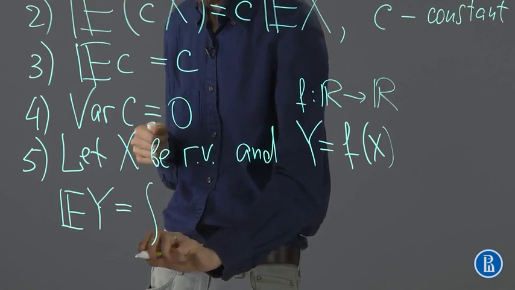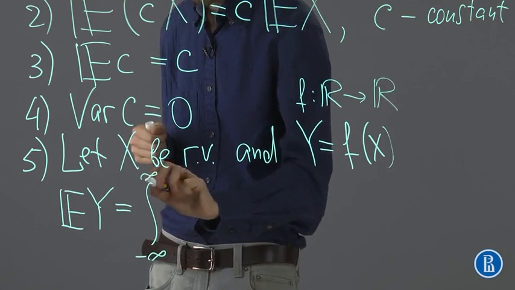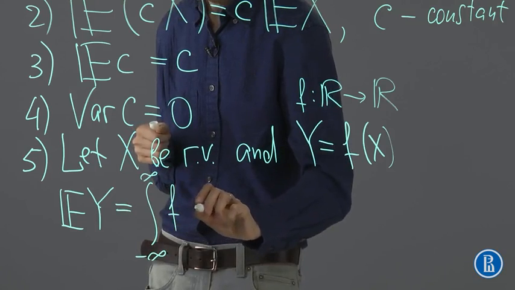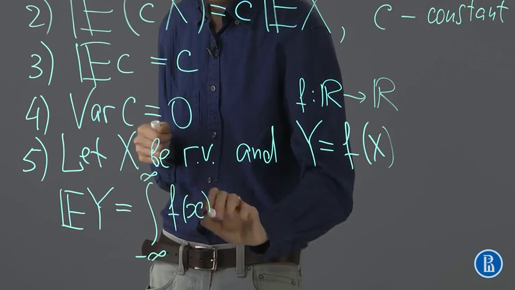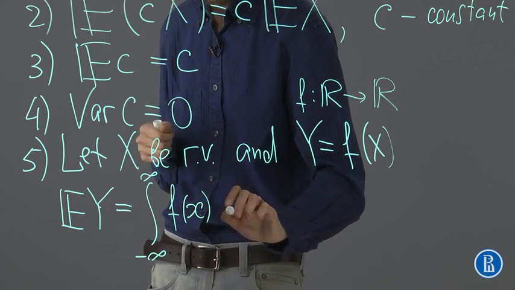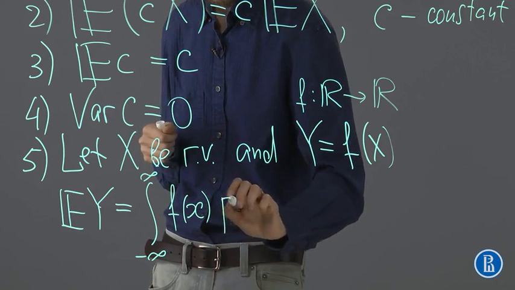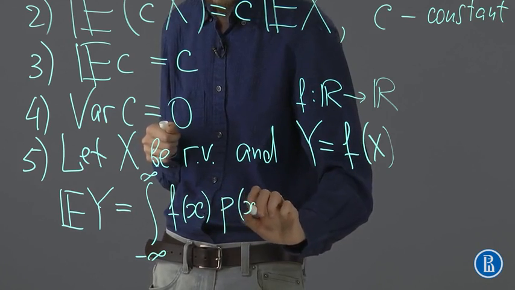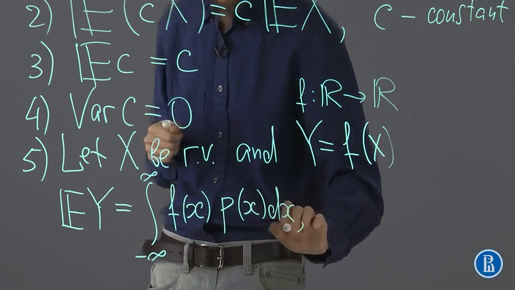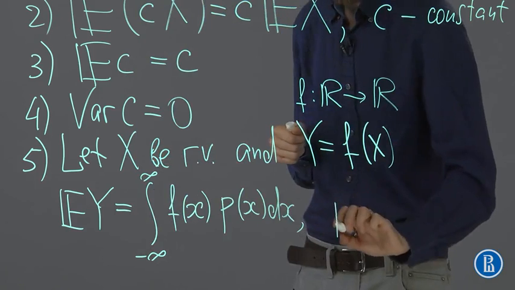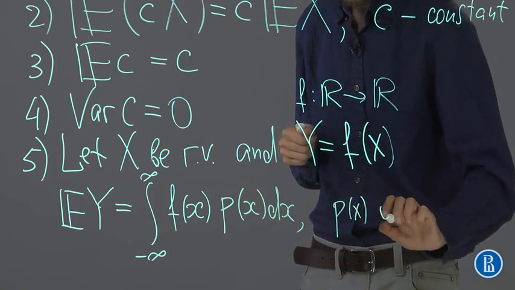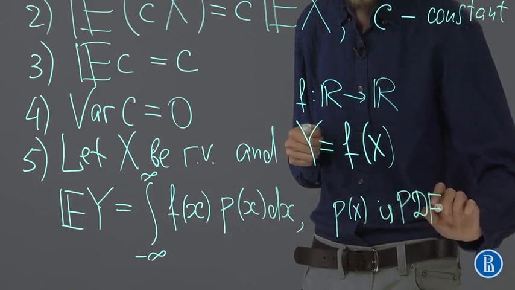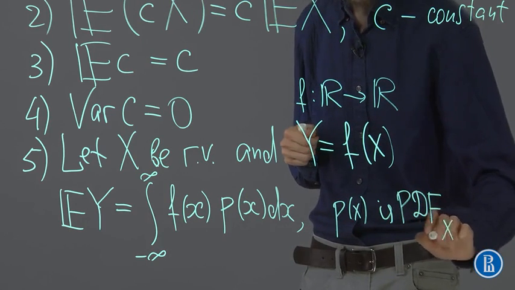This is the integral over the whole line of f of x times p of x dx, where p of x is the probability density function of x.